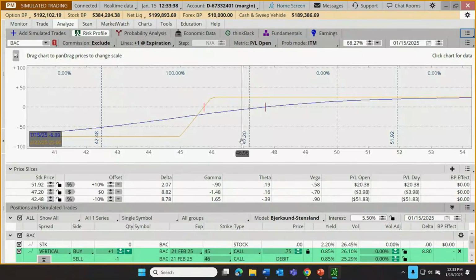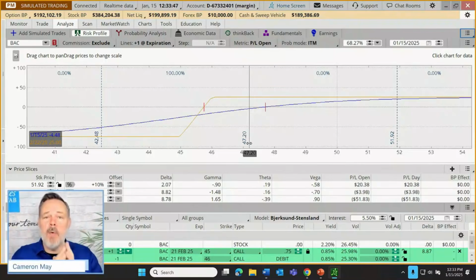Well, where's the stock right now as we speak? It's already above $47. So the stock is already where it needs to be. And as long as it doesn't go the wrong way, what happens a day from now with the potential for profit or loss on this trade? Well, this trade has time working in its favor. As long as the stock is where it needs to be, the closer we can get to expiration, the more and more confident we can feel that we're going to wind up above 46 bucks.